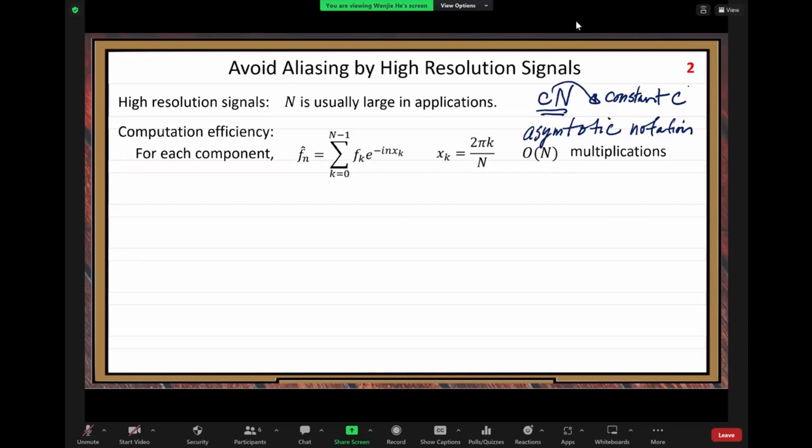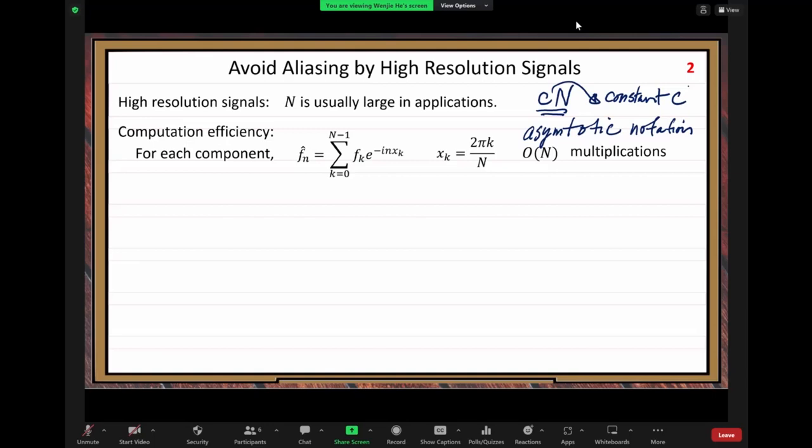Then the total multiplication is that number multiplied by n, right? Because for every term, you need to do that fixed number of multiplications. For example, that constant could be 4 or 5. Then the total multiplications could be 4n or 5n. But because we don't want to specify that constant, we skip it.